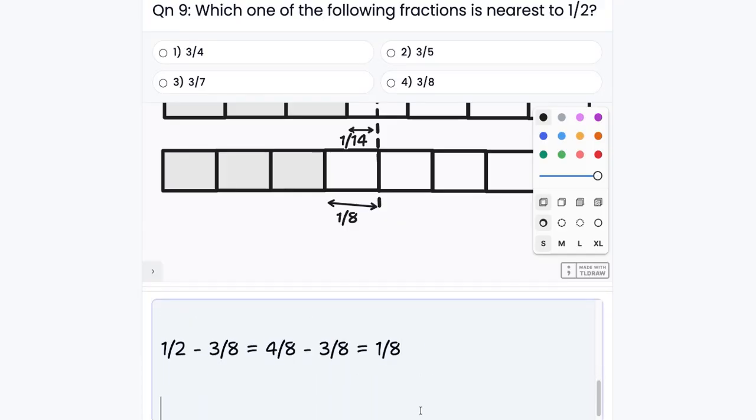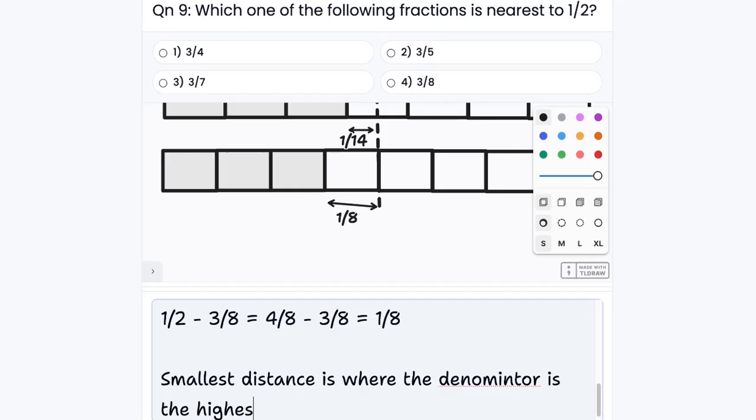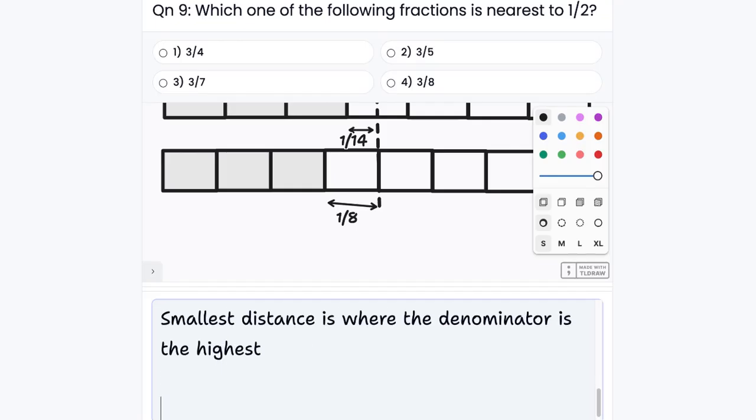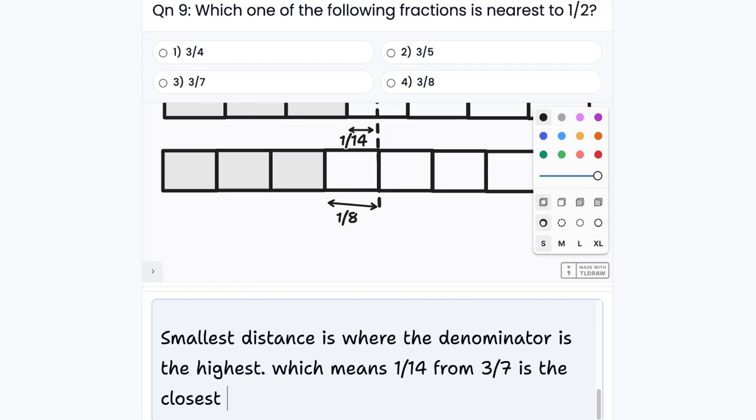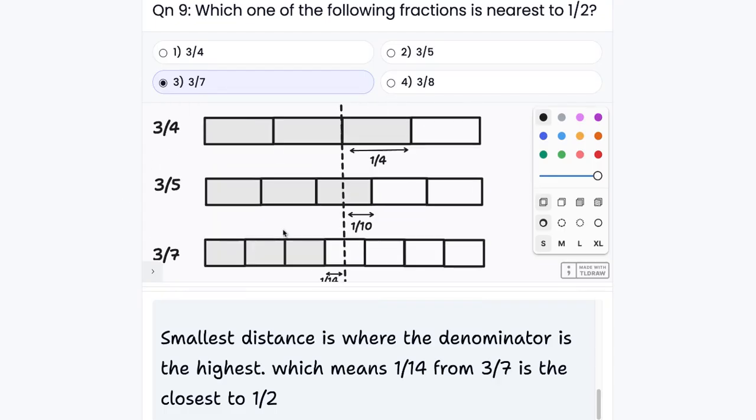The smallest distance is where the denominator is the highest, which means 3 out of 7 is the closest to half. So the answer is option number 3. There you go.